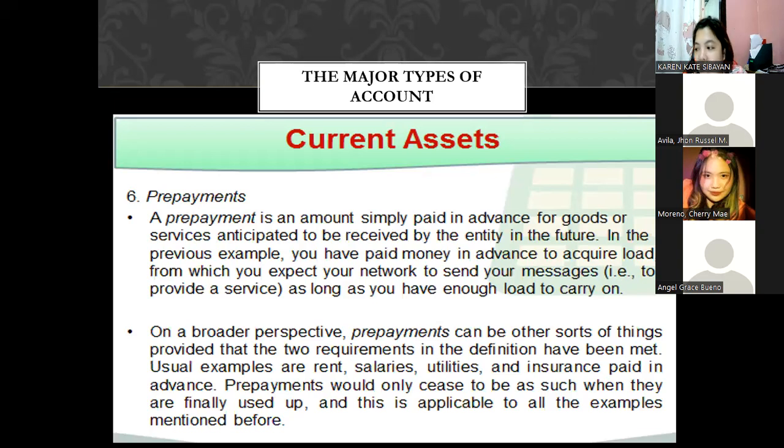So, once na-incur mo na yung advance payment mo, for example, prepaid rent, kunwari, nagbayad ka ng 12,000 as rent for the whole year. Pagpatak ng January, na-incur mo na yung services, ibig sabihin, nabawasan na yung prepaid rent mo.